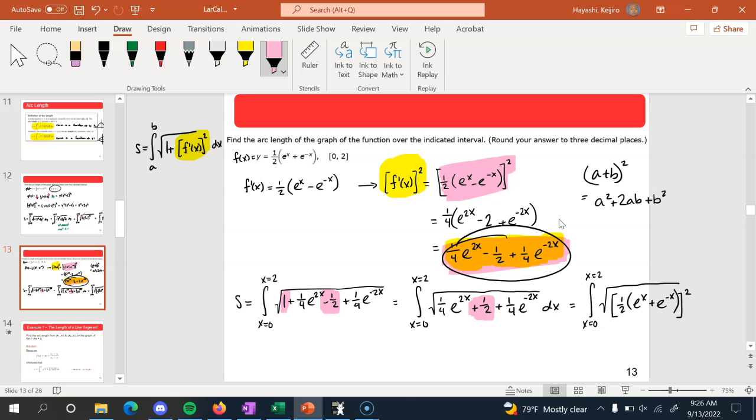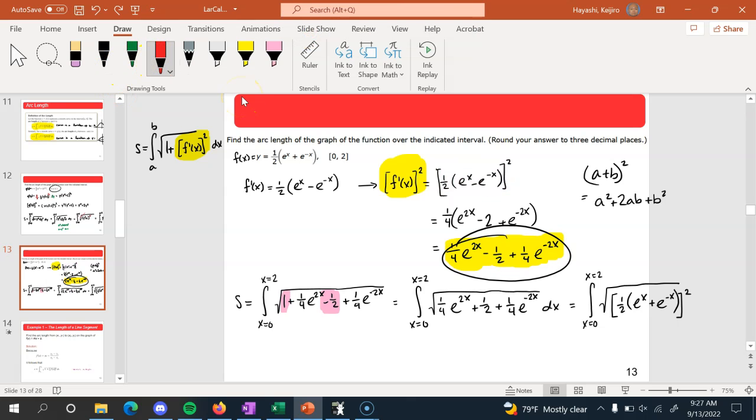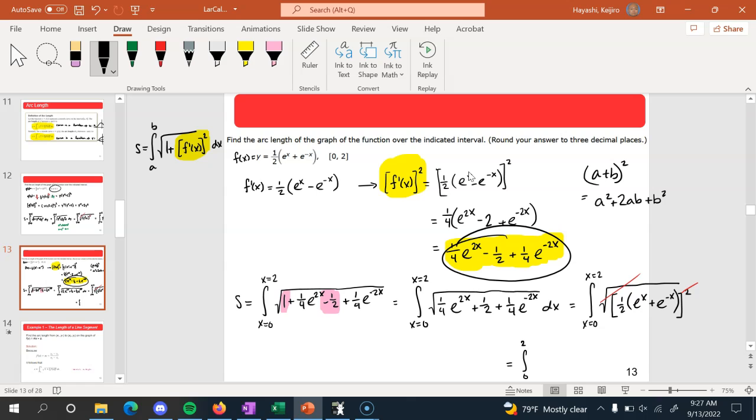The only thing that's going to change is that it's going to be a plus in between the e to the x and the e to the negative x. So then the square and the square root cancel out. This is just 1/2 times e to the x plus e to the negative x.